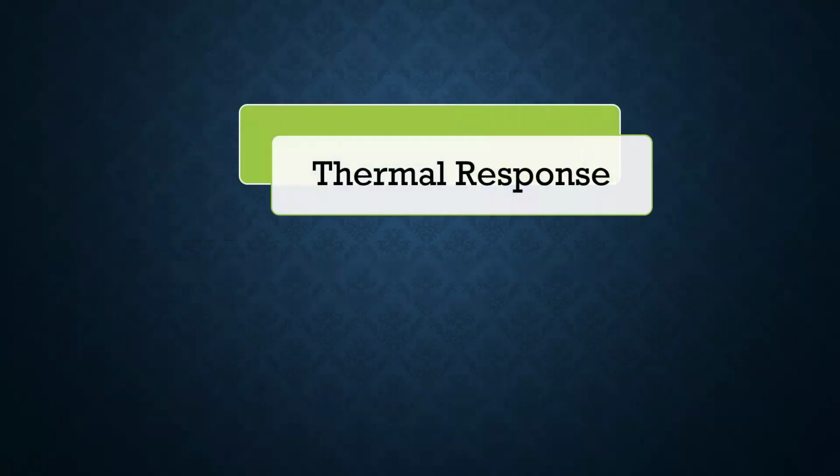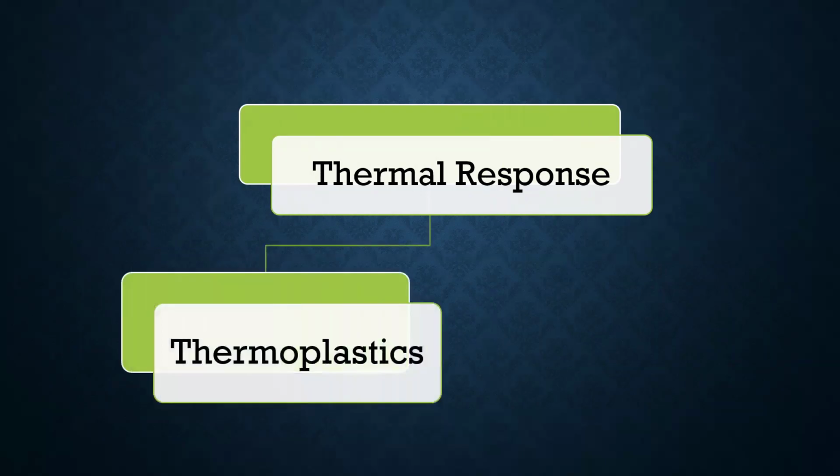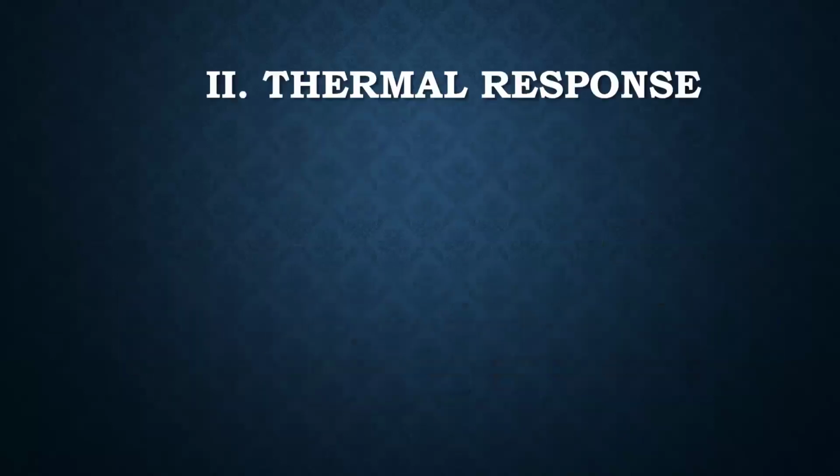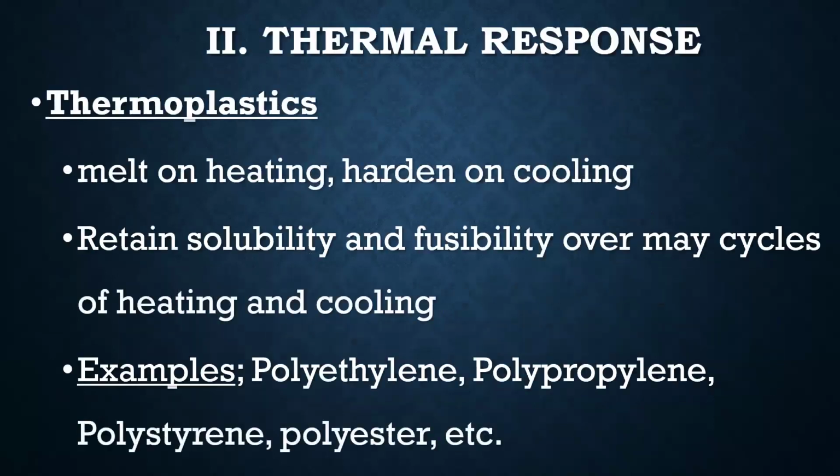Classification according to the thermal response. How these polymers behave when they are heated or cooled. We have two types of polymers according to the thermal response, which is thermoplastics and thermosetting. So the thermoplastic polymers, they melt on heating and harden back on cooling.